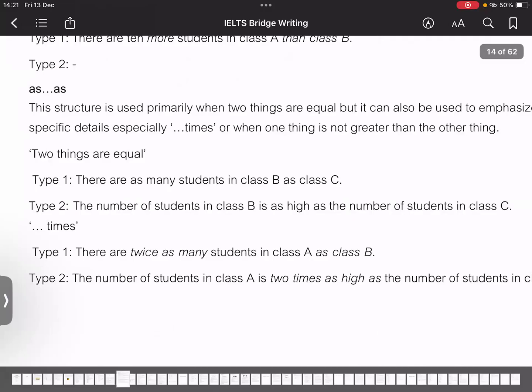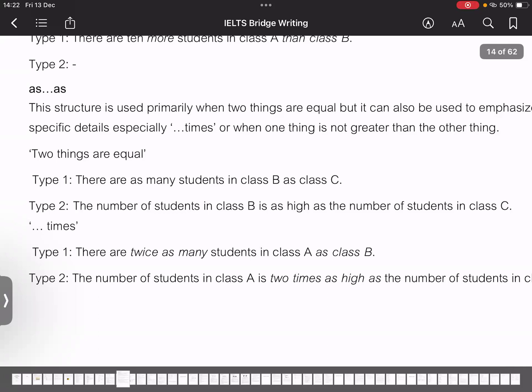Okay, so this is like a parallel structure: neither nor, either or, not only but also, and we have as. So as has quite some versatility. It can be used for many purposes. When you see two quantities that are exactly the same, you can use as.